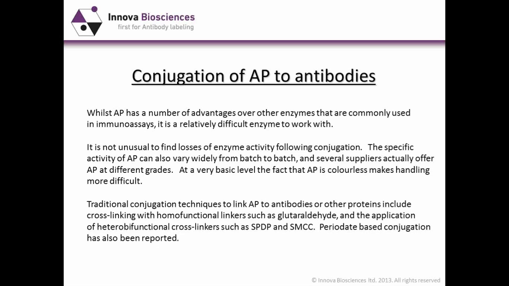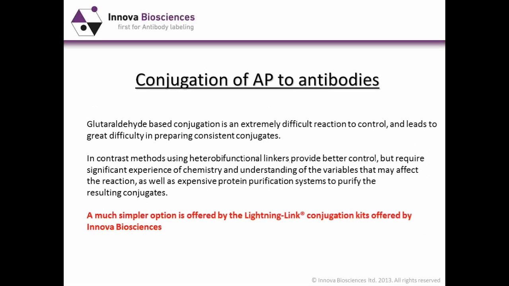Traditional conjugation techniques to link alkaline phosphatase to antibodies or indeed other proteins include cross-linking with homofunctional linkers such as glutaraldehyde, and also the application of heterobifunctional cross-linkers such as SBDP and SMCC. There are also some reports of periodate-based conjugation methods, although they're not used that commonly.